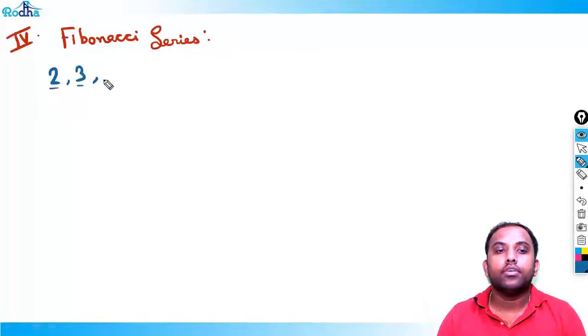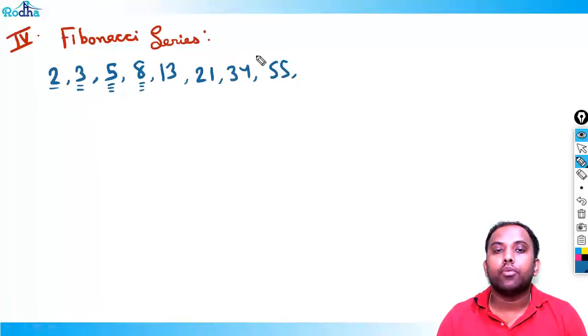Next is 2 plus 3, which is 5. Next term will be 3 plus 5, that is 8. Next term will be 5 plus 8, that is 13. Next term will be 8 plus 13, 21. Then 13 plus 21, 34. Then 21 plus 34, 55. Then 34 plus 55, 89. Then 89 plus 55, 144. And so on.